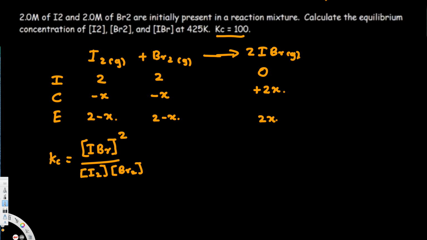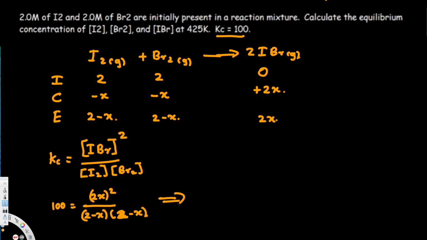Now let's plug in the values. The Kc value given in the question is 100. The equilibrium concentration for IBr we found out is 2x, so we have to put (2x) squared, and I2 equilibrium is 2 minus x, so we are going to have 2 minus x right here, and also the equilibrium concentration for Br2 is 2 minus x, so we are going to put 2 minus x again.